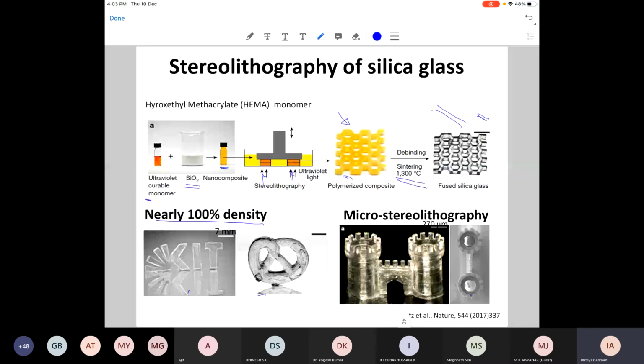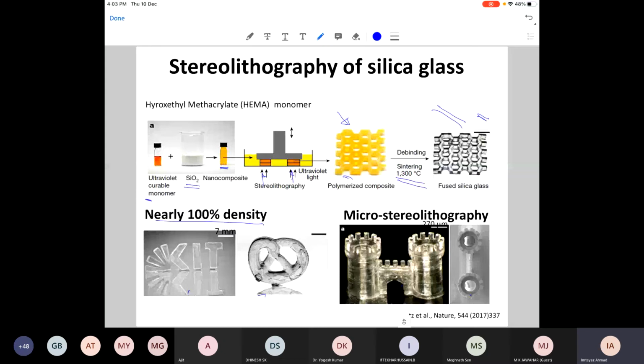Another example is polymer derived ceramics. Polymer derived ceramics are generally used to produce silica-based products. So generally, silanes or silazanes or similar kinds of polymers are used, which can be made into a flexible pre-ceramic, which you can form and then later on pyrolyze. So forming becomes easy if you have a polymerized pre-ceramic.